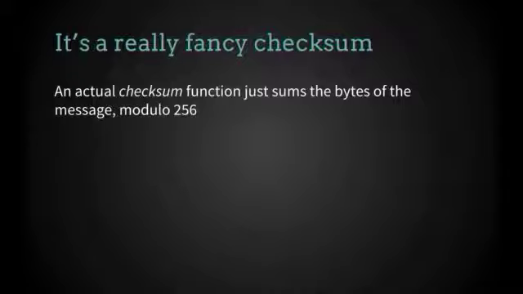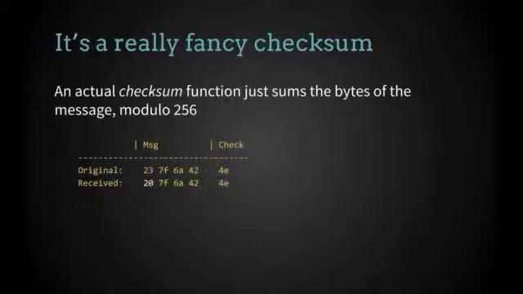And an actual checksum is, like it says, a sum. It's just a sum of the bytes of a message, modulo 256. So the remainder of the sum of the bytes divided by 256. That's your checksum, and that's what gets appended to the message.